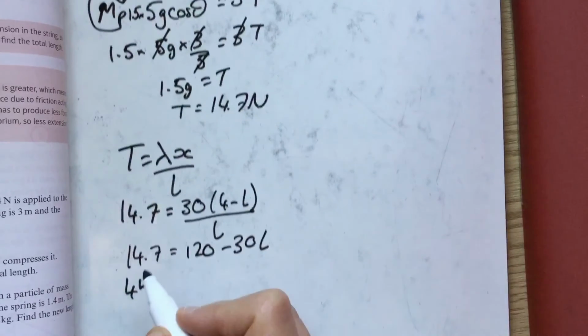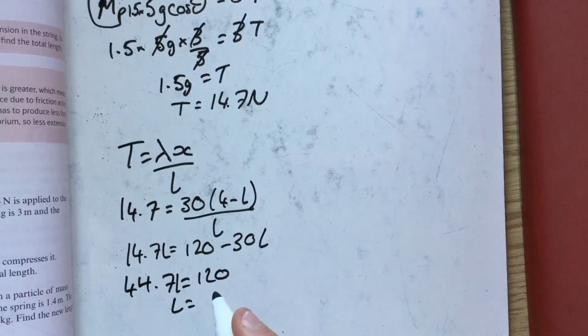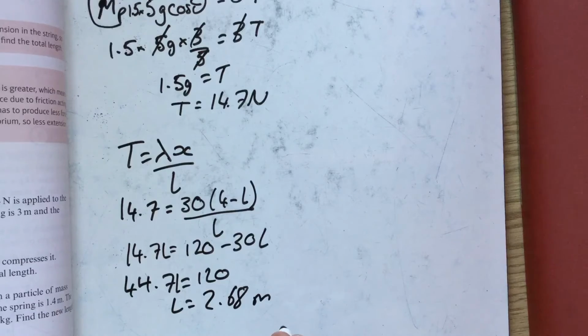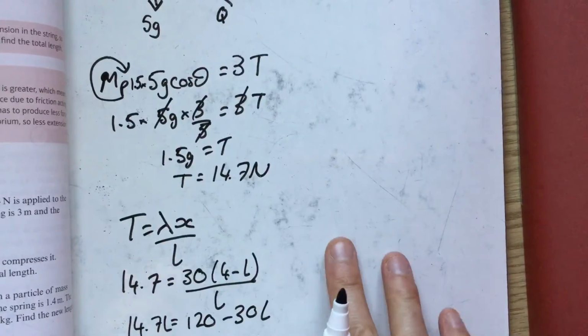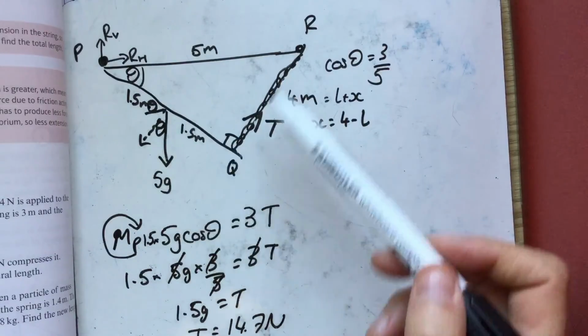So 44.7 L equals 120, and then we just divide through, gives us an answer of 2.68 or 2.7 meters.